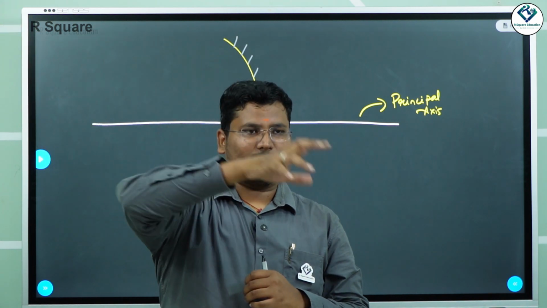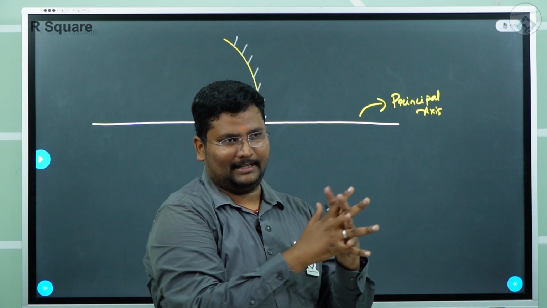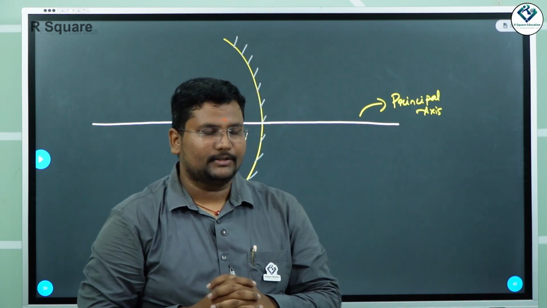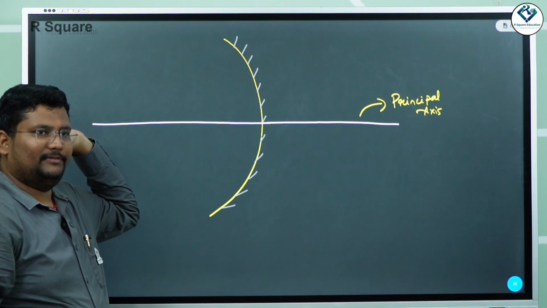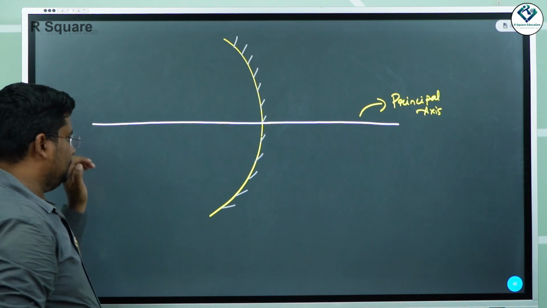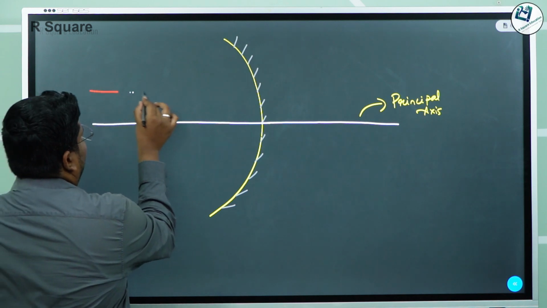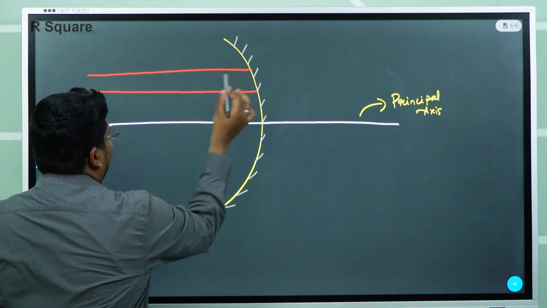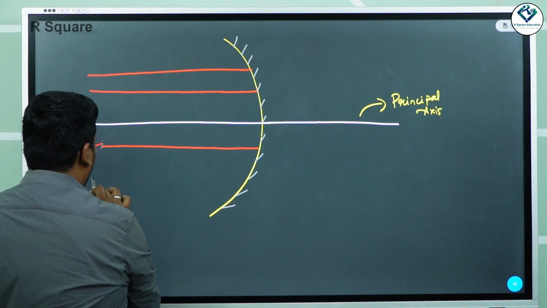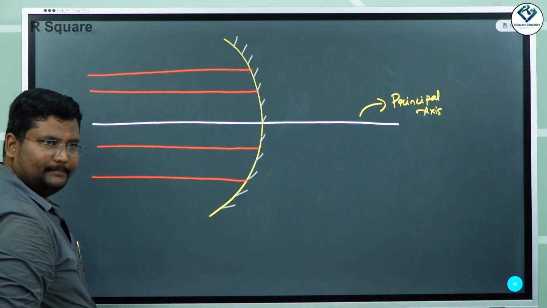So all the light that comes will follow a ray. I am considering a light ray coming from far away, from infinity. Let the light ray come like this. I consider a beam of light coming.